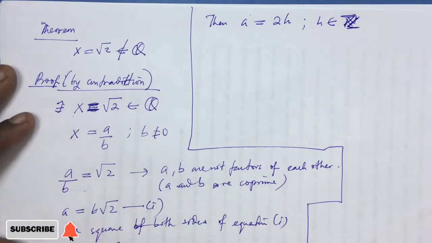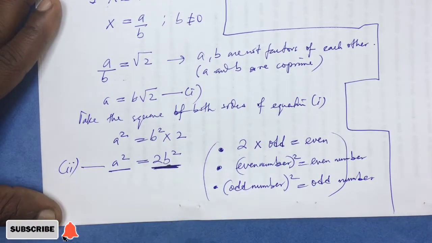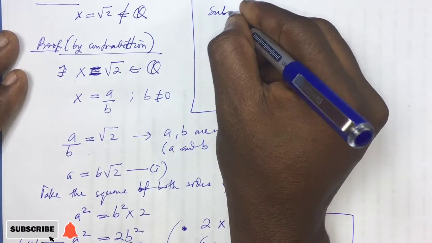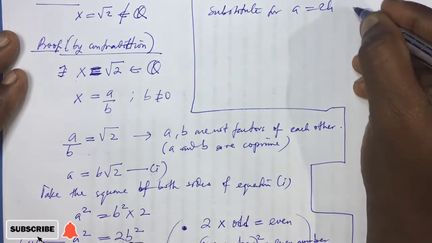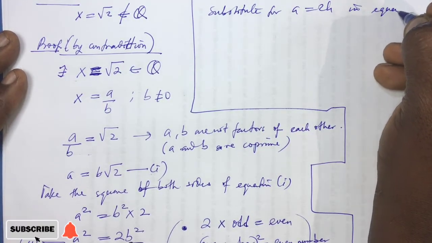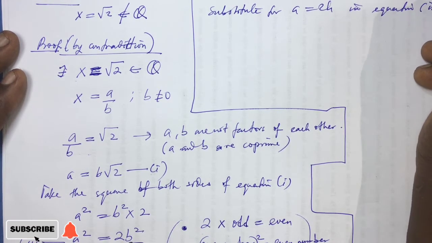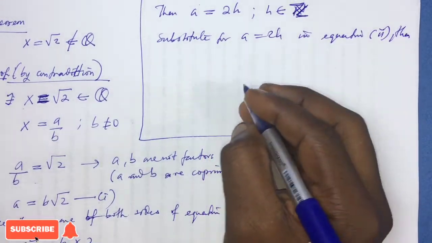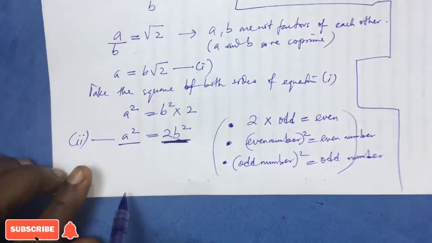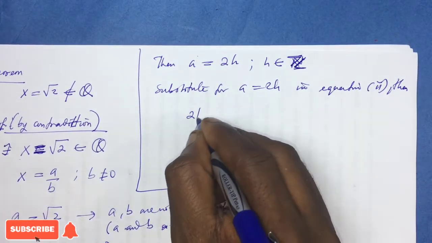Now, if we call this equation 2, let us substitute for a equals 2h in equation 2. Wherever you find a in equation 2, we are going to put 2h.